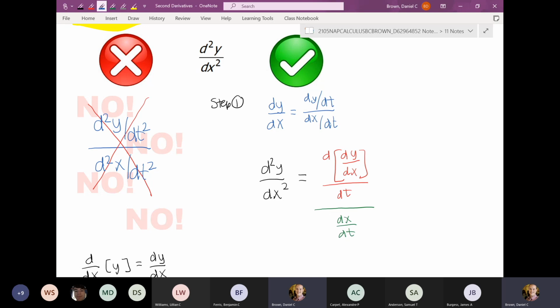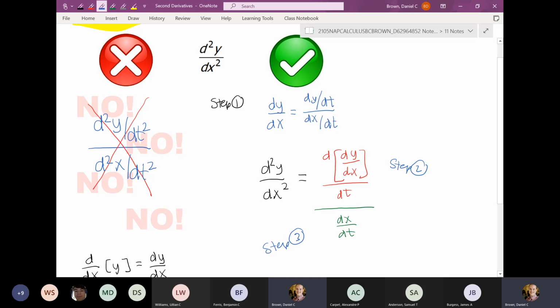And then you're going to divide it because you're doing it with respect to x. So if I'm thinking about this as steps, as a second step, I'll find the derivative of that first derivative. And then as a step 3, I'll divide it by dx/dt. And you can see how the dt's still cancel out, but then we have the second derivative of y still with respect to x.